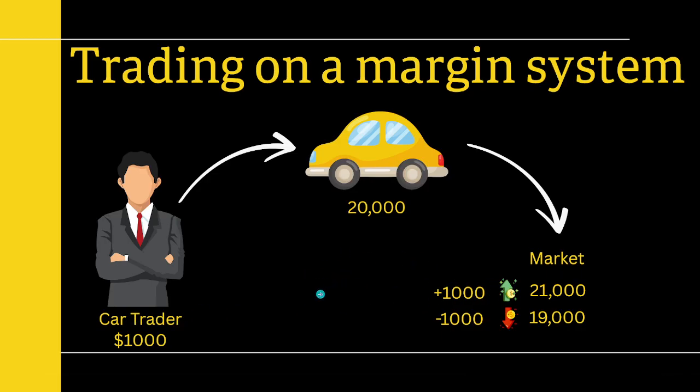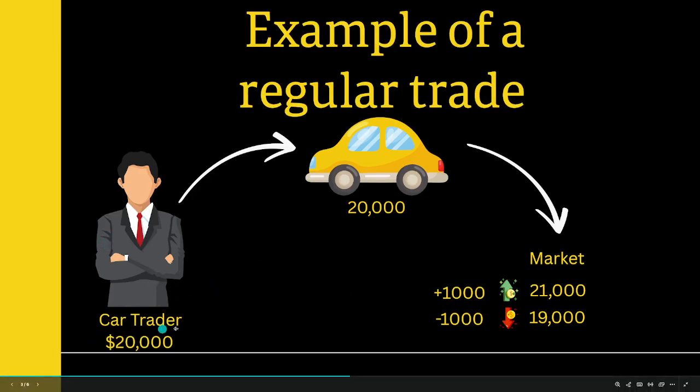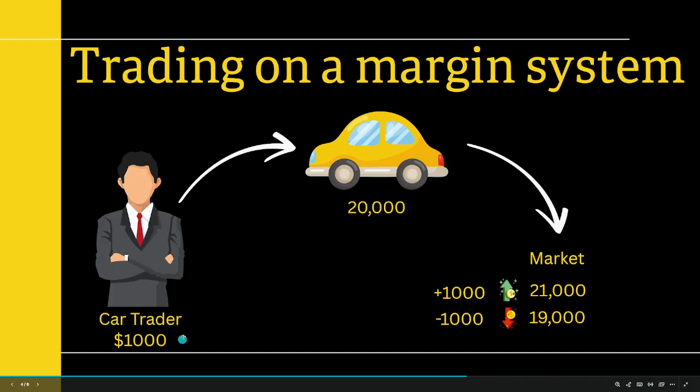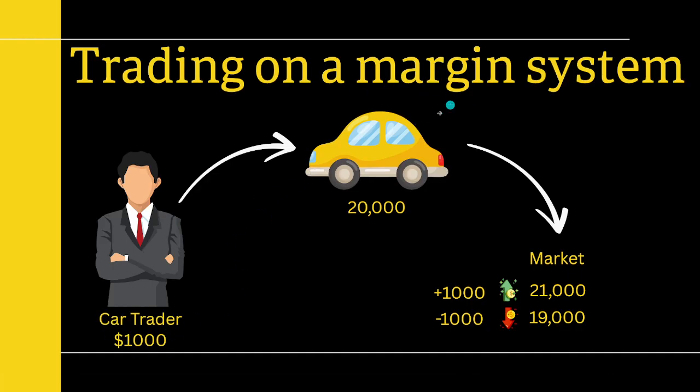So if he profits, this guy has made the same amount the other guy did with $20,000. He was able to do it with only $1,000 because he used the margin, and he used a broker or a company that was able to help him and lend him this car, which he was able to find and sell for profit, and then he earned the same amount another guy invested $20,000 for. That's how margin and leverage works.